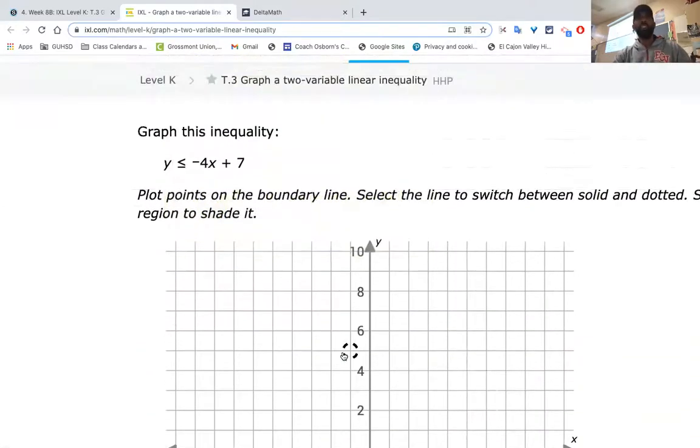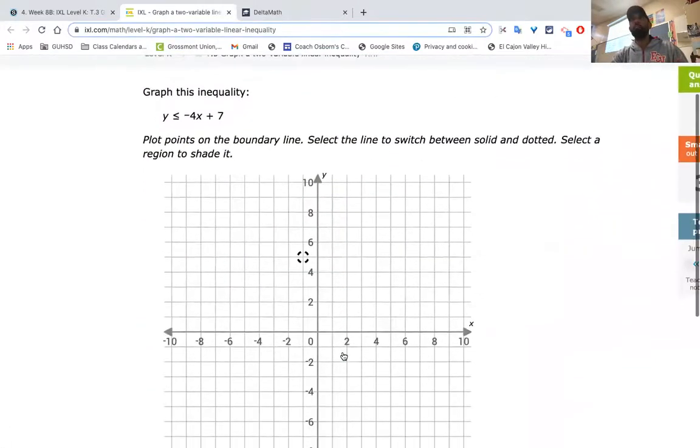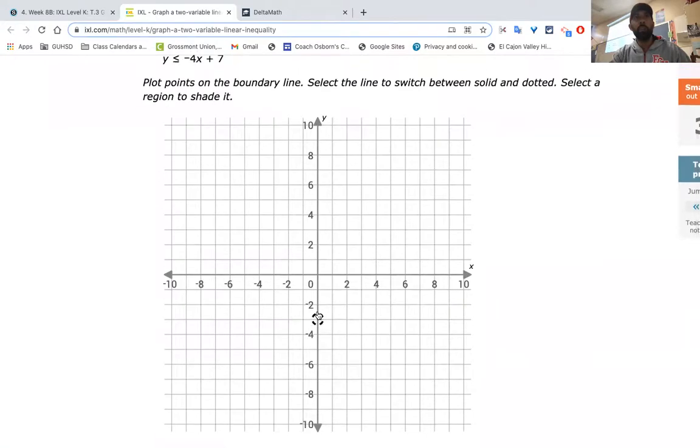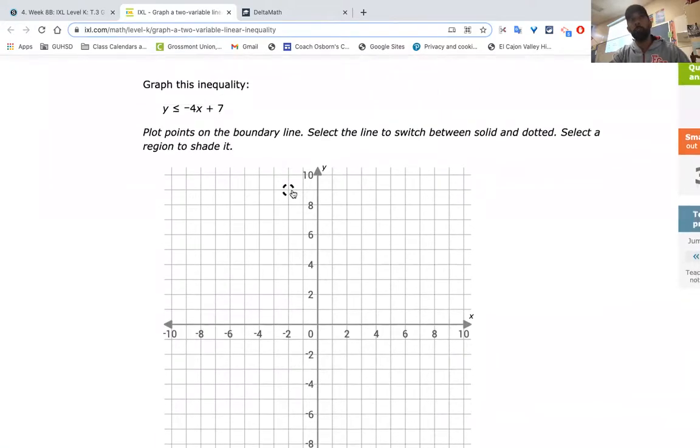So if you're getting stumped by these, I know often what happens is people say, it looks exactly the same. It looks just like the graph that's the correct answer. Usually it's that you're not doing a dash or solid line correctly. Or let's just say I'm doing this problem, and here I have a y-intercept at 7, and now it's negative 4x. I go down 4, right 1.